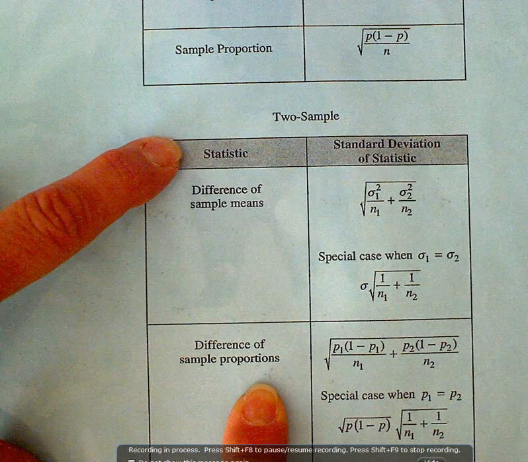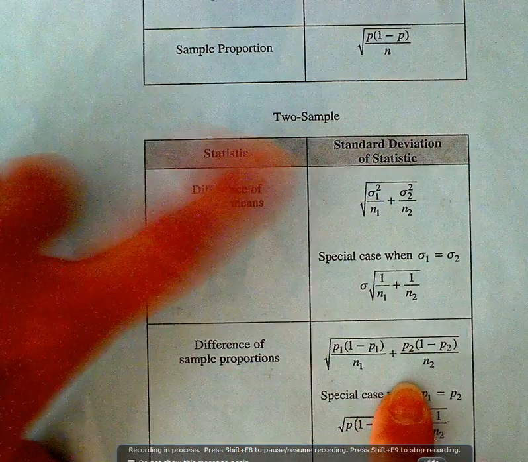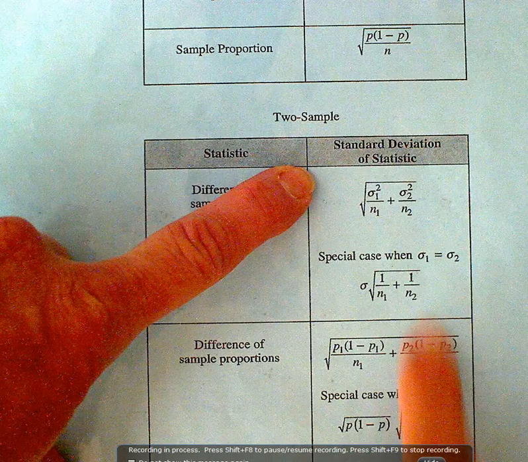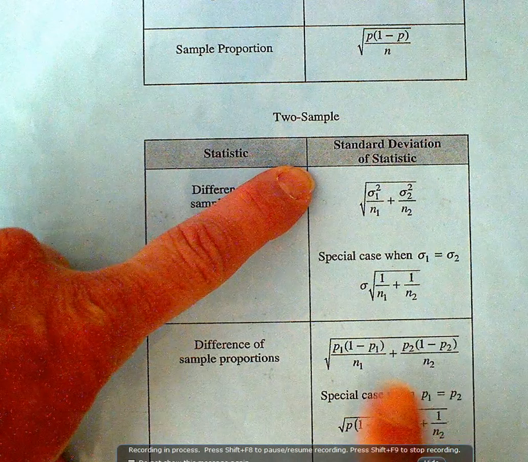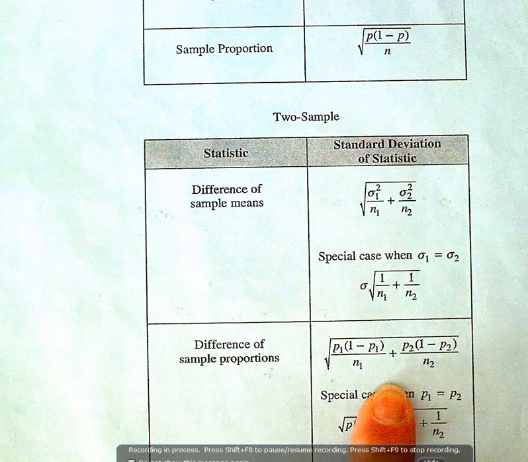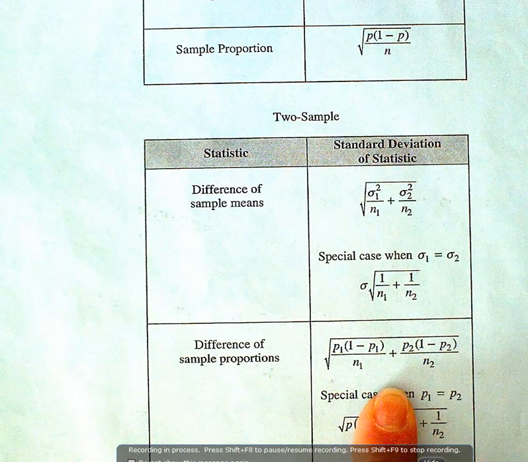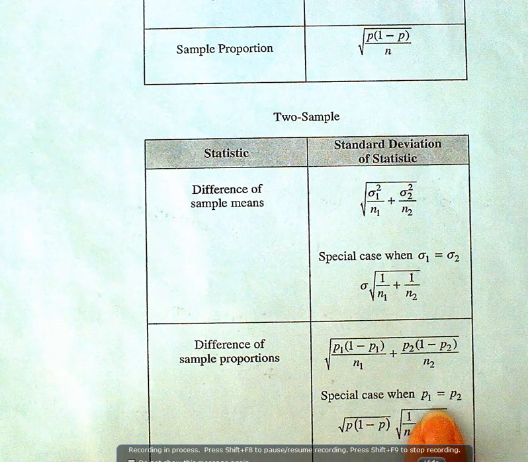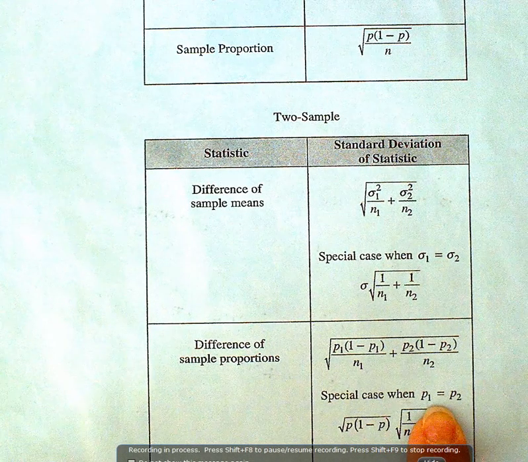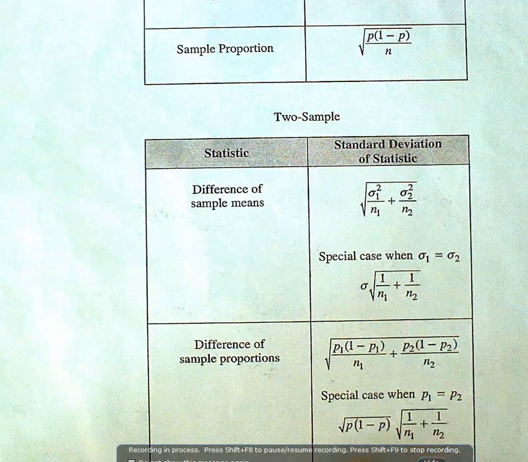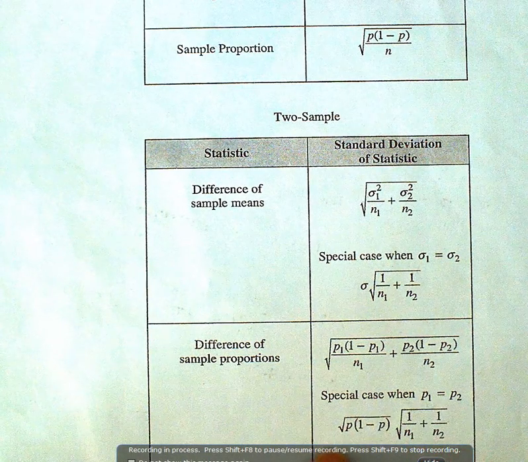And then our standard deviation of the statistic we see is one of these two standard deviations. Now yesterday we added the variances and square rooted to get the standard deviation for a confidence interval. But with hypothesis tests, we've made the claim that p1 is equal to p2, and therefore we use this standard deviation formula here.